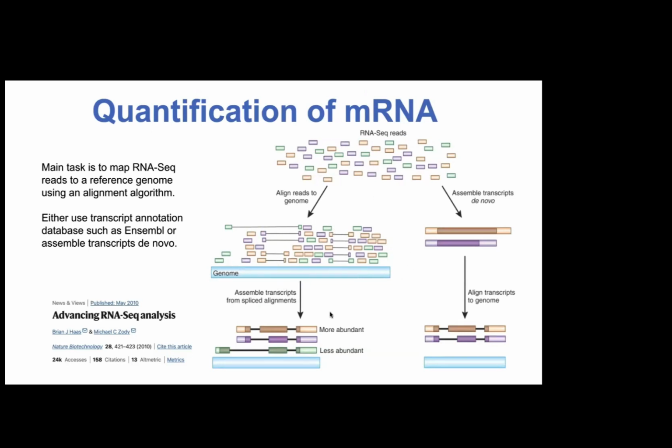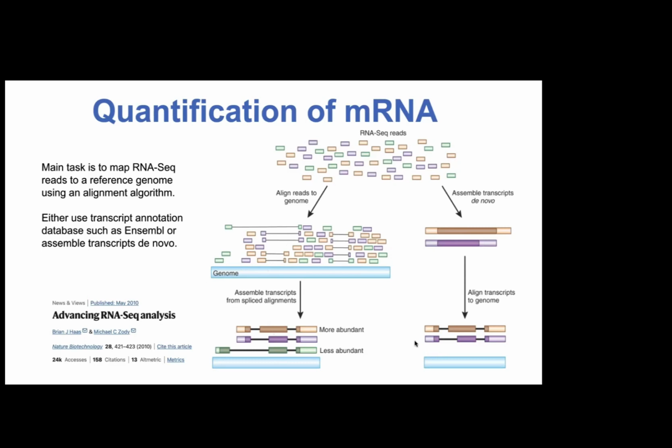They also have annotations, so we know where the exons and introns are, and what the possible transcripts are. By using all this information, we don't have to come up with novel transcripts. We just know what we can find. So we can take the reference genome, build the expected splice junctions or sequences of possible transcripts, and then just align against those.